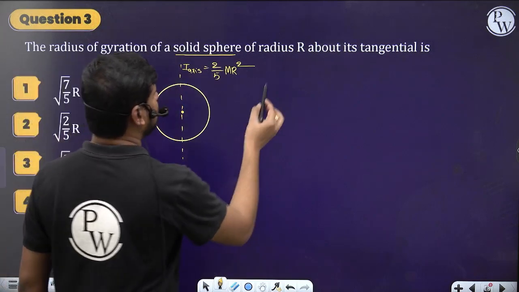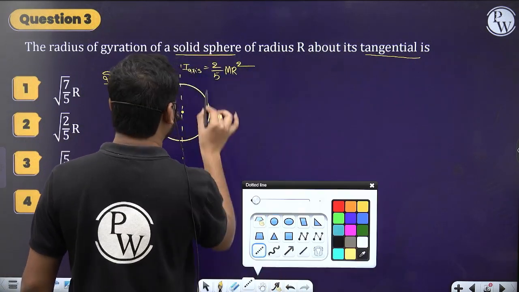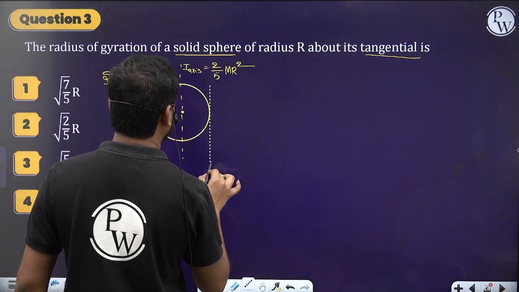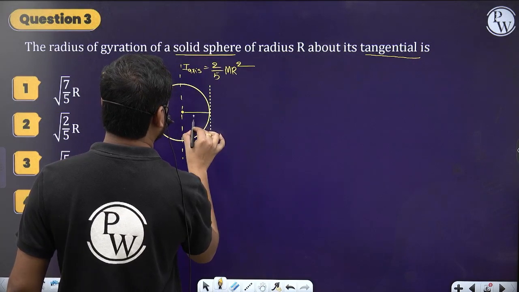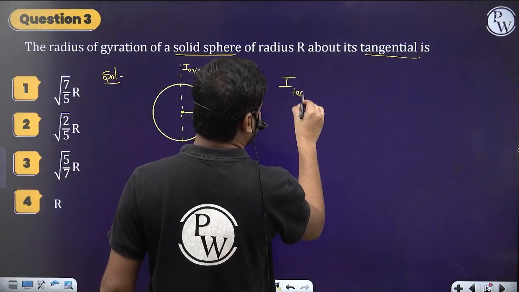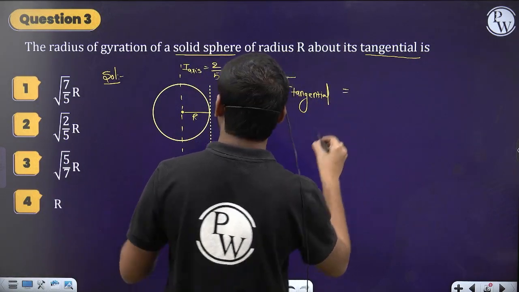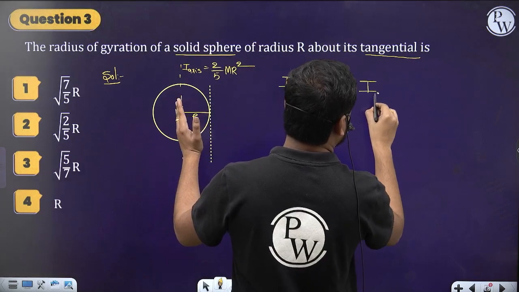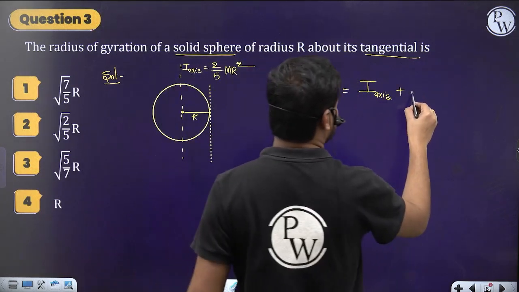Now we need about its tangent, so that means we need an axis somewhere here. First let's find the moment of inertia about its tangential axis. This will be at a distance r. So the moment of inertia for the solid sphere about its tangential axis will be equal to the moment of inertia about its axis plus the mass into r square.